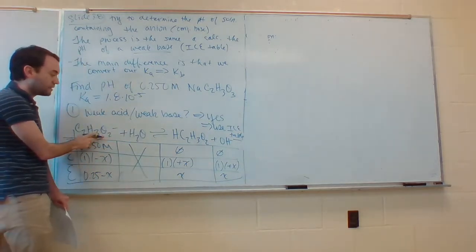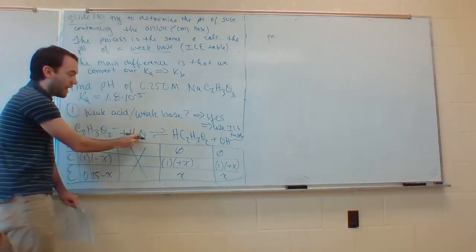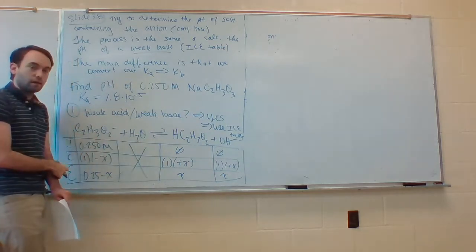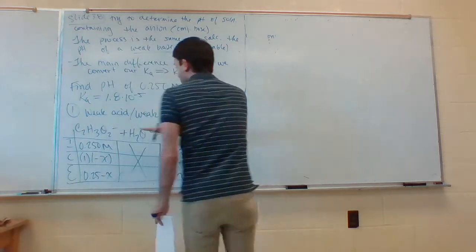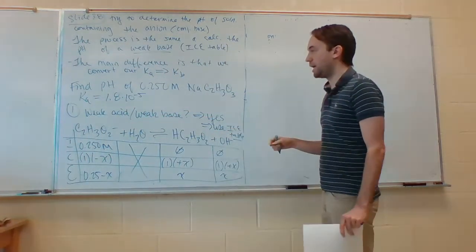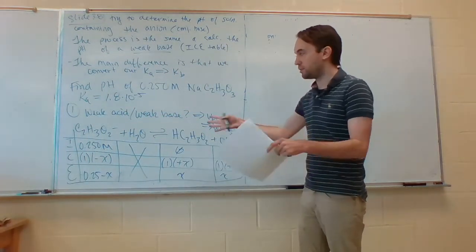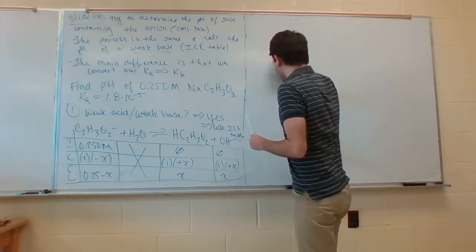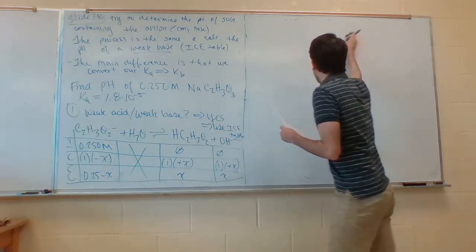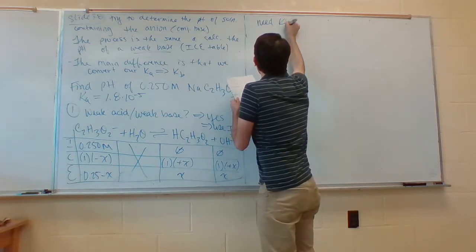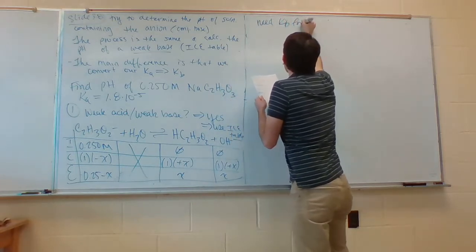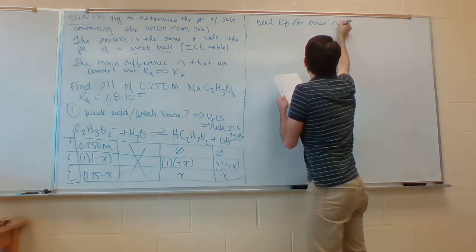We've taken this as our base, and we've added our H plus by taking it from the water. Since this is a base reaction, it's the reverse of a dissociation. So that means that we need Kb for the base reaction.